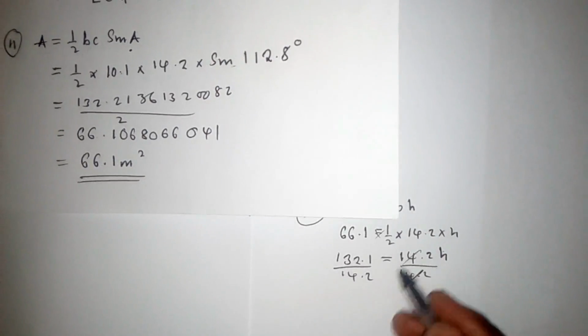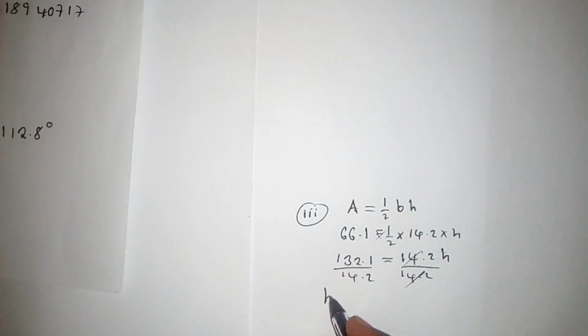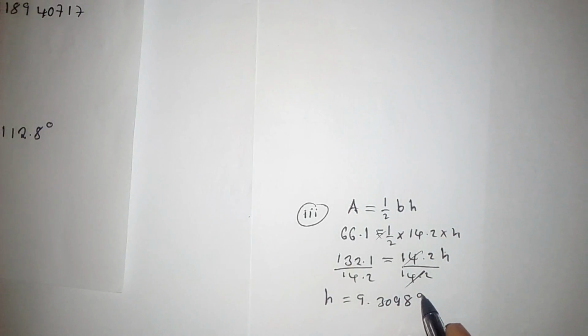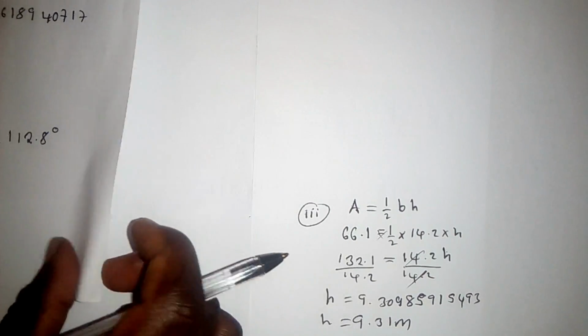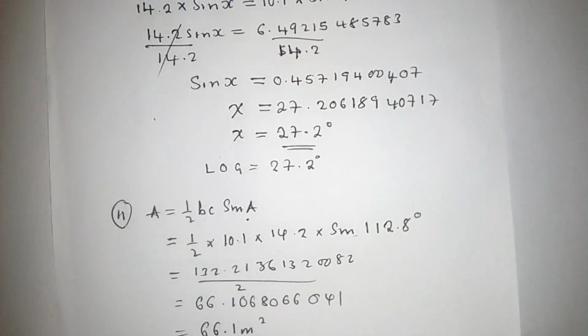When you do so, you find that h will be equal to 9.309885915493, and putting our answer in 3 significant figures, we have 9.31 meters. So this is our answer. So thank you. We go to the next question.